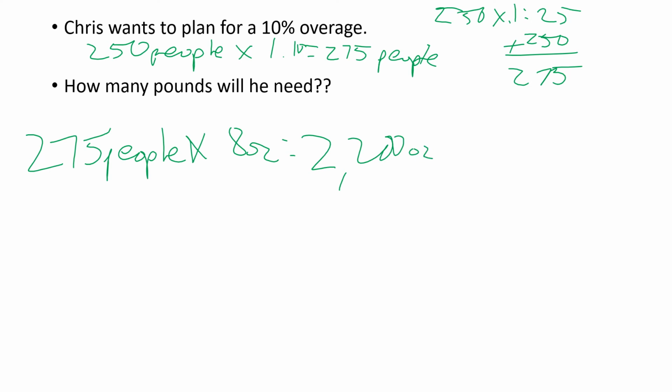Okay. I'm going to do it slightly different this time. We're going to divide by 16 ounces. And we get how many pounds? 137.5.